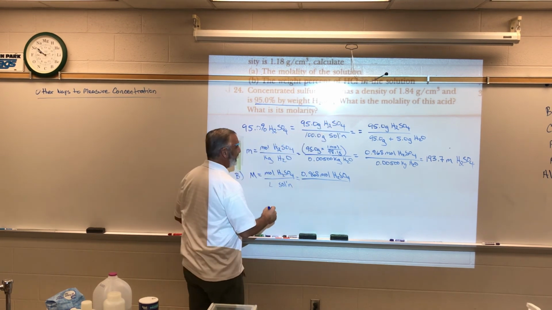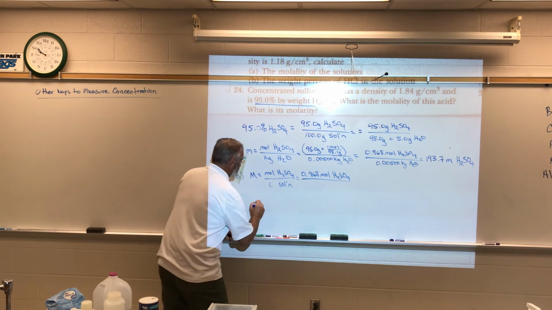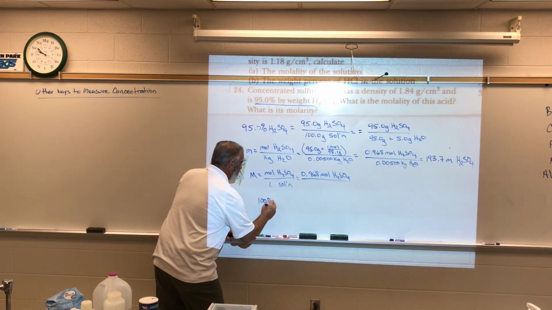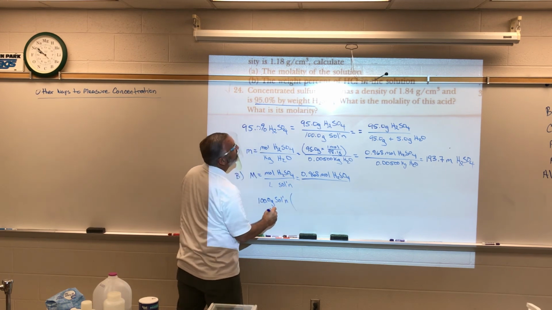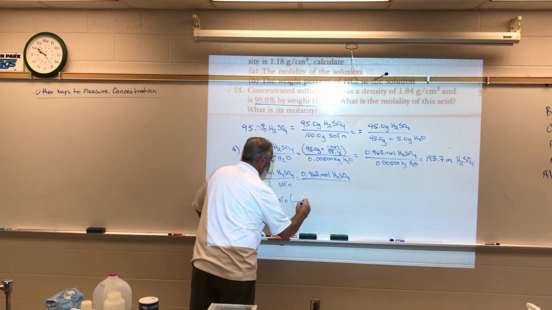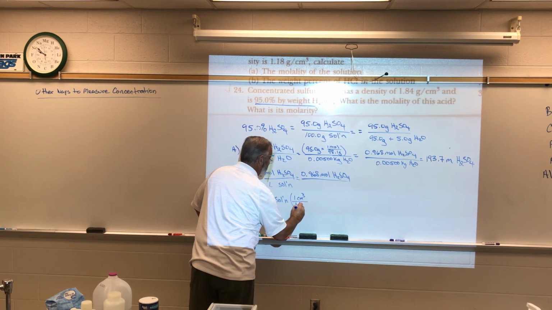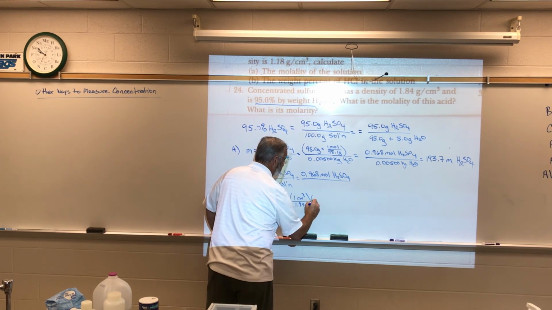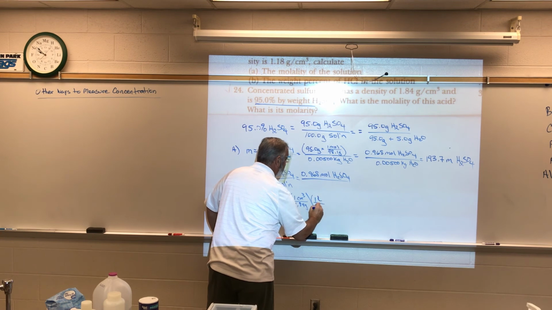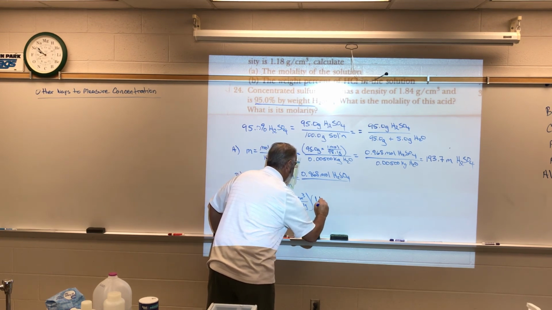So I know that I have 100 grams of solution, and I know that the density is equal to 1.84, so I'm going to say 1 cubic centimeter over 1.84 grams. And I need liters, so I'll do 1 liter over 1,000 cubic centimeters.